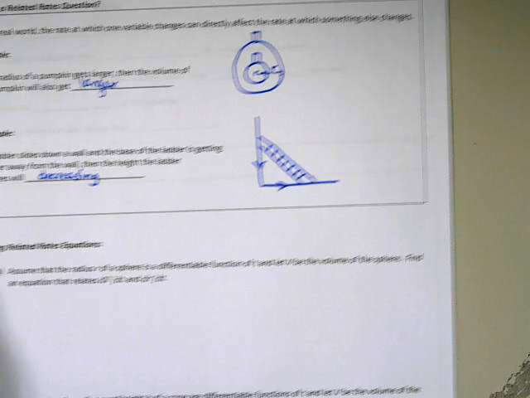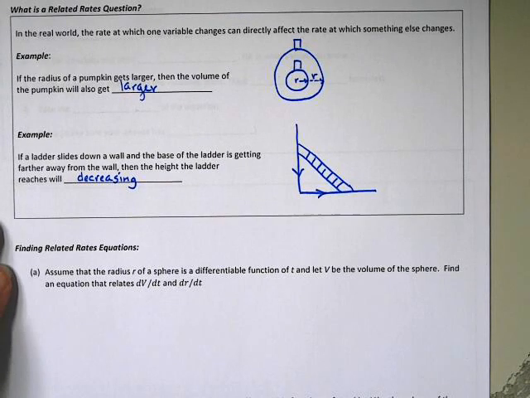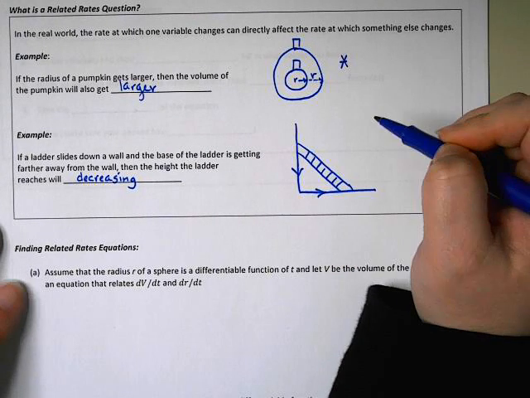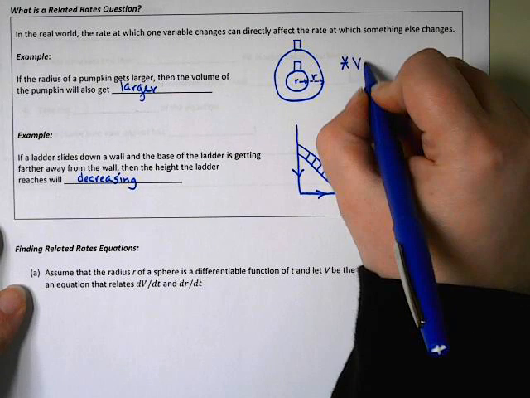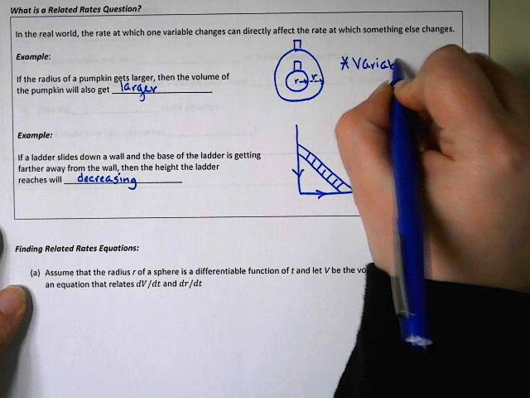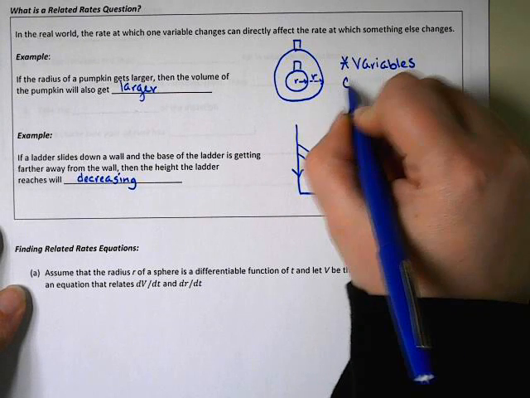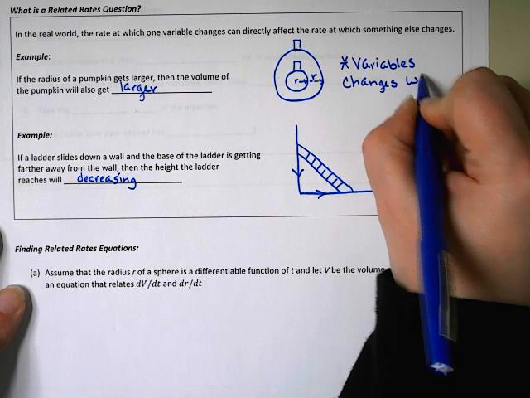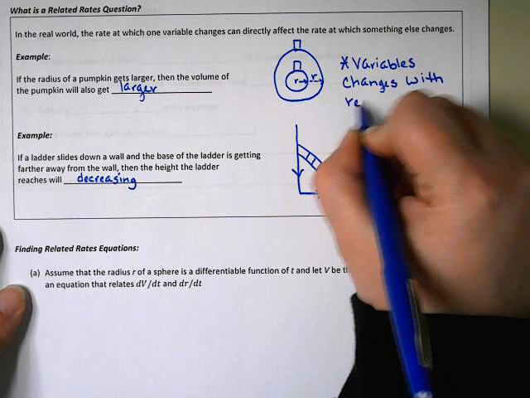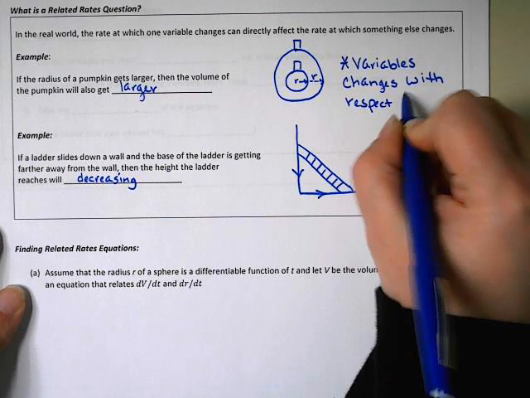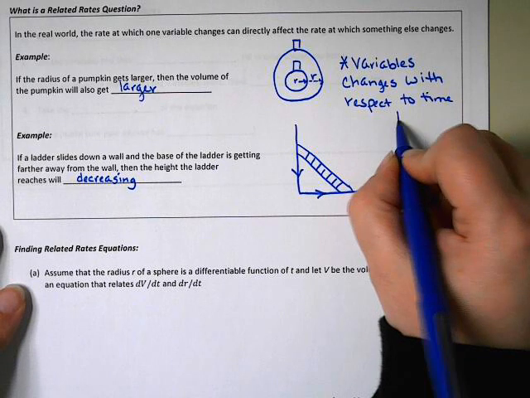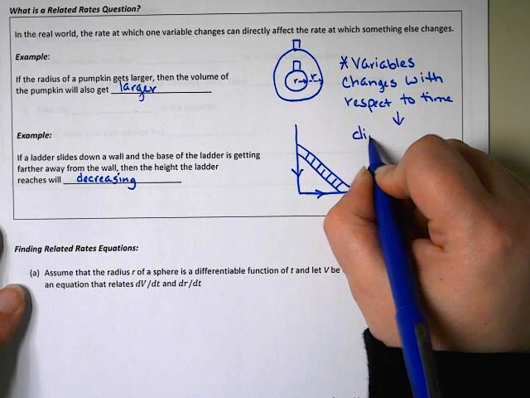Before we do that though, anytime we talk about these rates changing, we're talking about the variables changing with respect to time. And so what that means is we have to differentiate with respect to time.